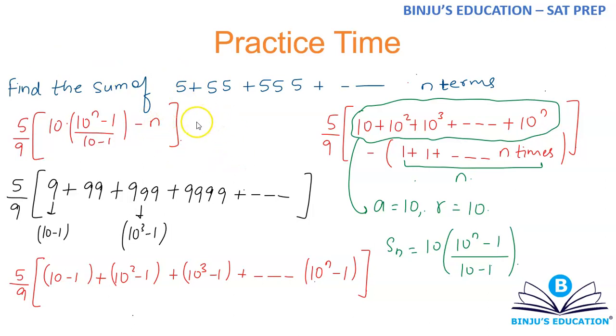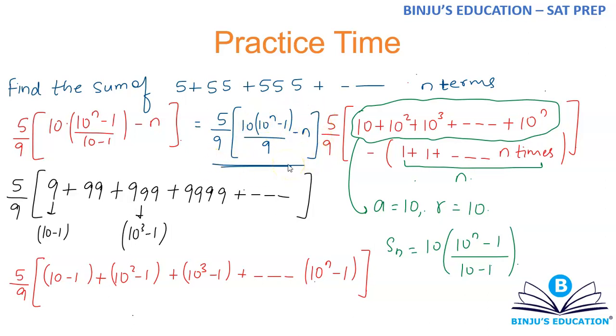So you can write this as 5 by 9, and you'll be multiplying 10 into 10 to the power n minus 1 divided by 9 minus n, and this is your final answer to this question.